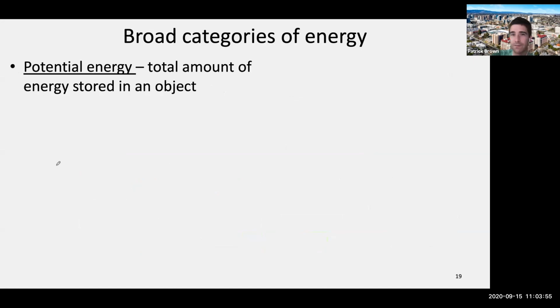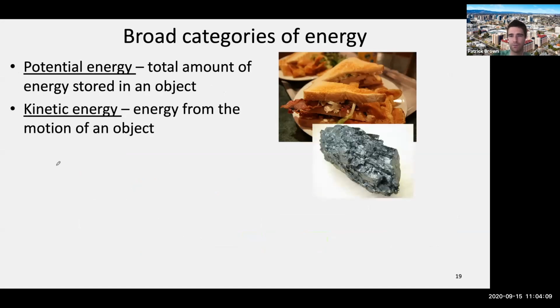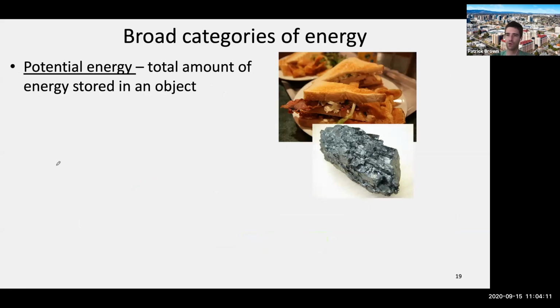An example of potential energy would be what we were just talking about, food, the energy stored in the bonds of the molecules of food. So those hydrocarbons. Another form of potential energy would be the energy stored in the bonds of the molecules of fossil fuels. So coal, oil, and natural gas have energy stored in the bonds of those molecules.